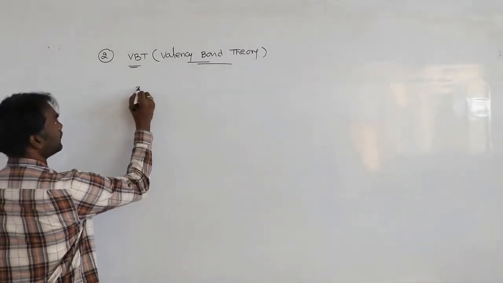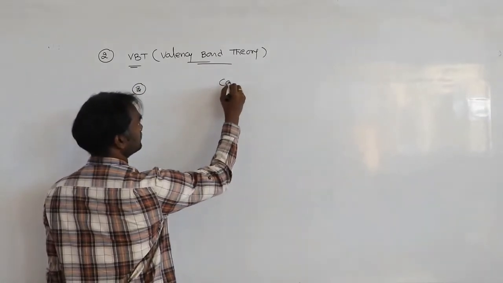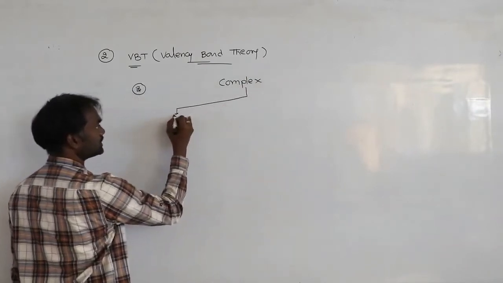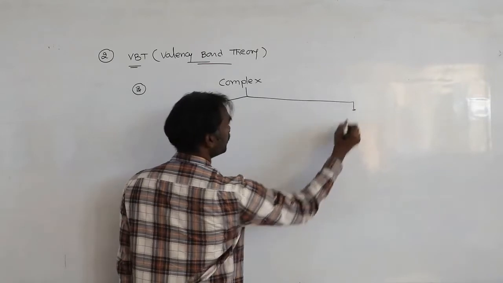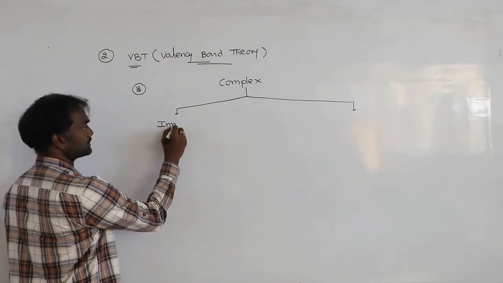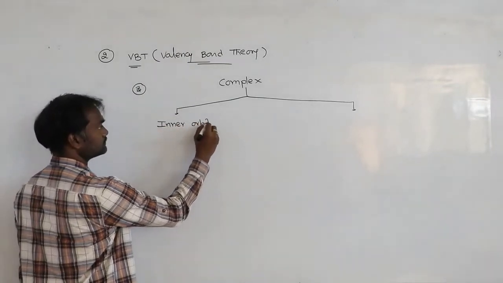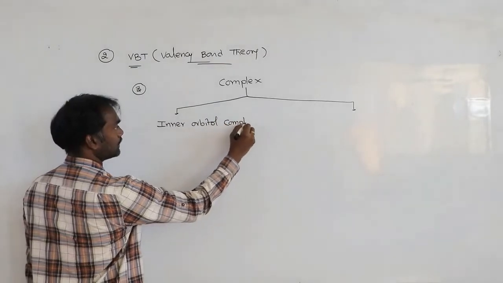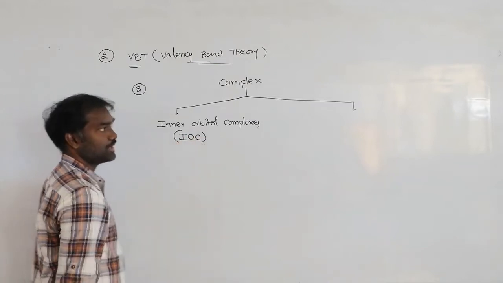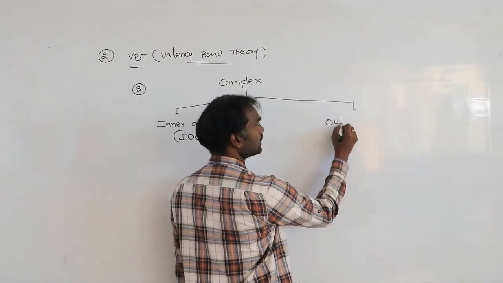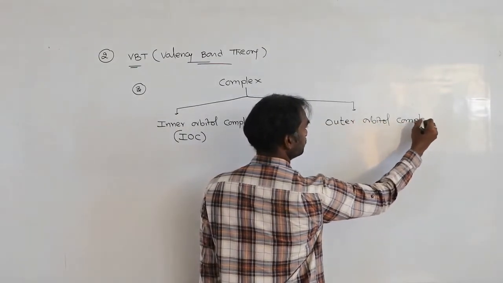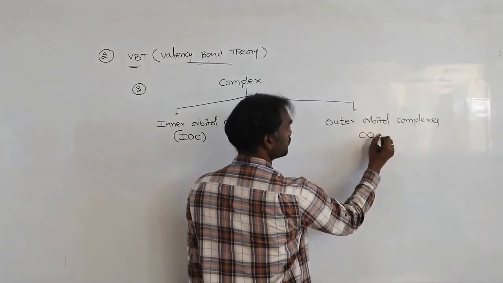Next, third point. The complexes are classified. According to this, he classified complexes into 2 types. In what way? Inner orbital complexes, simply written as IOC. Next, another one is outer orbital complexes, that is OOC.